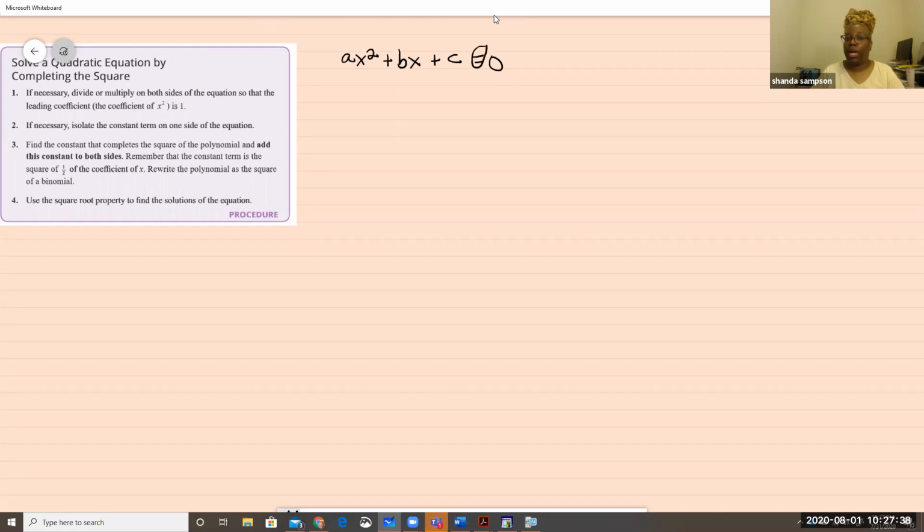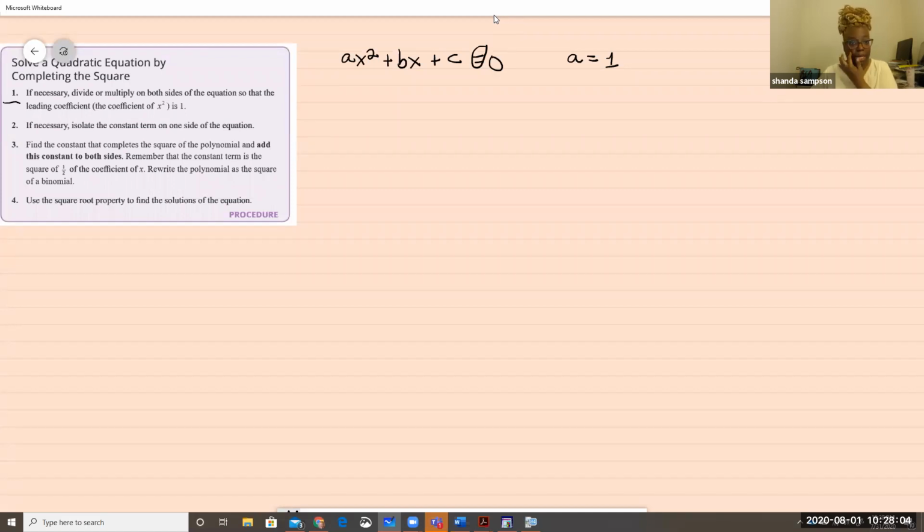A, b, and c are always numbers, but in order to complete the square, a needs to be equal to 1. If it's not, we change it around and make it equal to 1, which is what step 1 of that process is telling you about. Now we're going to go through all these other steps here.